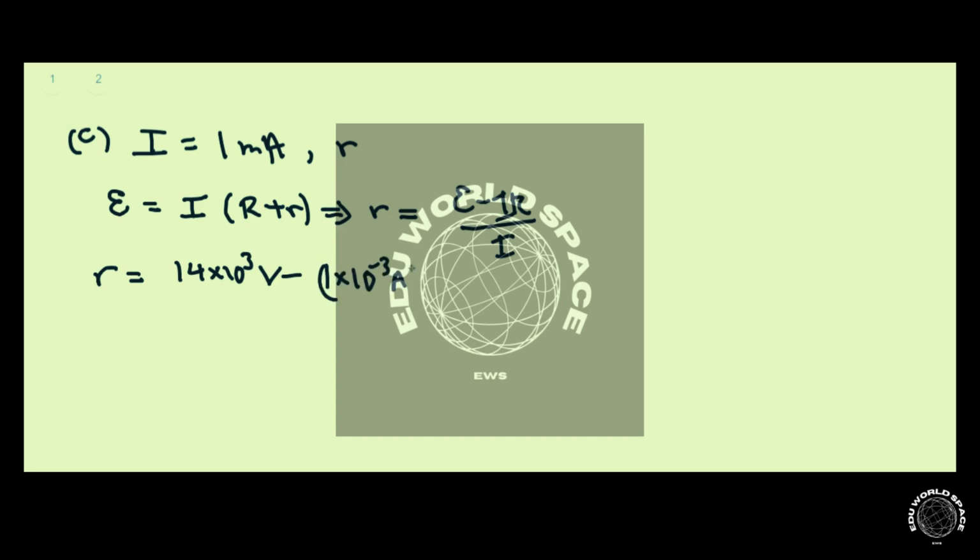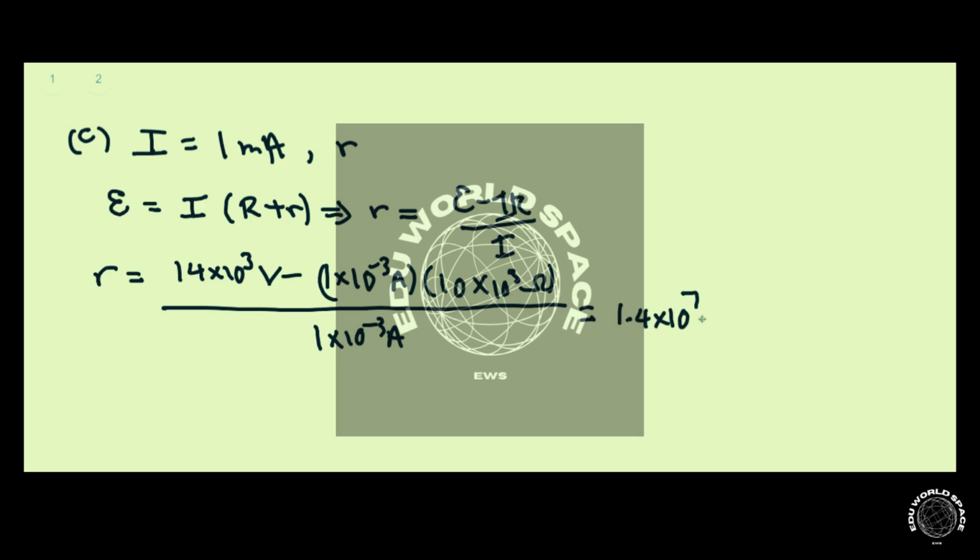So that's the current that we have currently, and the resistance was 10 times 10 to the 3 ohms, divided by 1 times 10 to the minus 3 amperes. And this gives us a resistance of 1.4 times 10 to the 7 ohms.